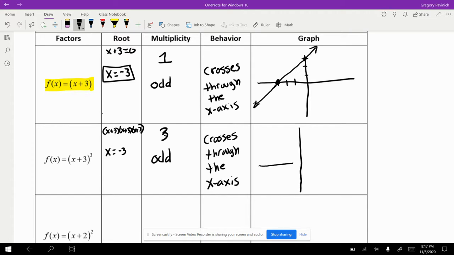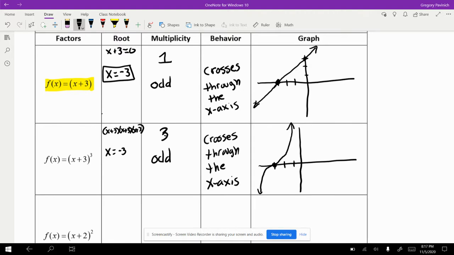This time it's a cubic, it's not linear. And what happens is, as a cubic starts off like this, but now it just flattens out before it crosses through.